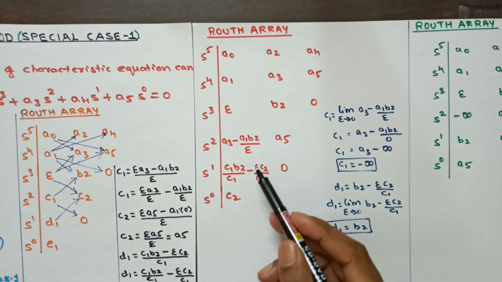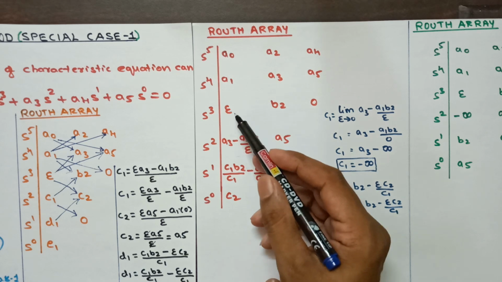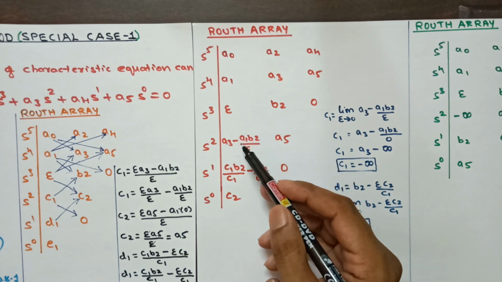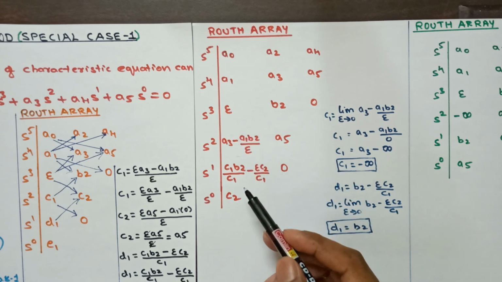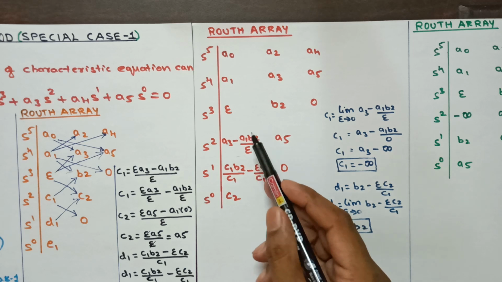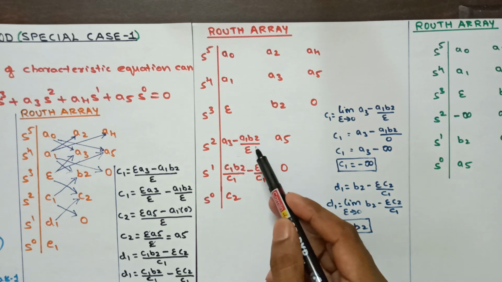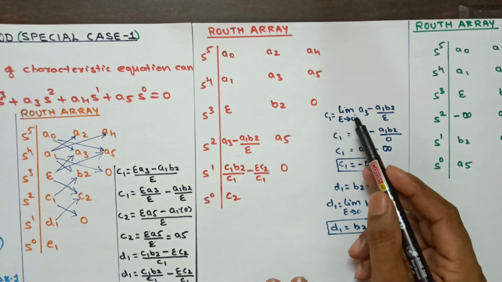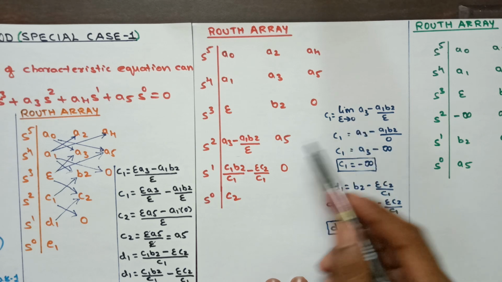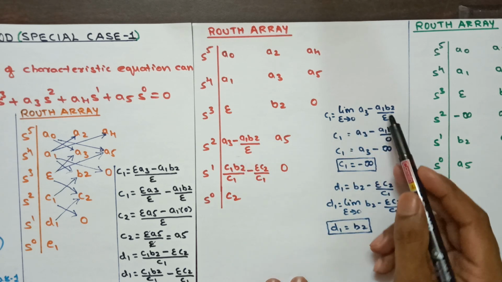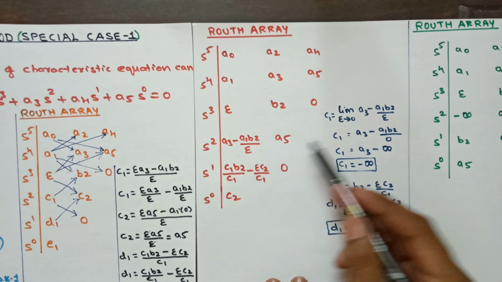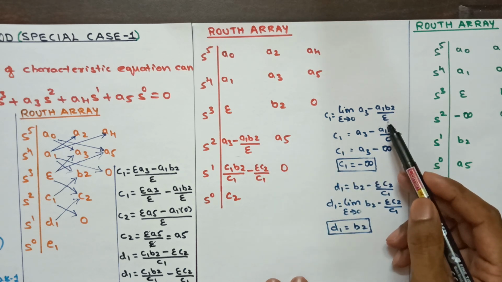Now we are going to consider the epsilon equations. Leaving this term, for all other rows, whatever epsilon equation I have got, I am going to apply the limit epsilon tends to 0. We will consider the first equation. You can see that for this equation, c1 is equivalent to limit epsilon tends to 0 of a3 minus a1 into b2 divided by epsilon.